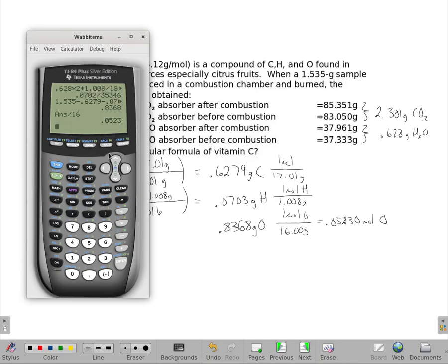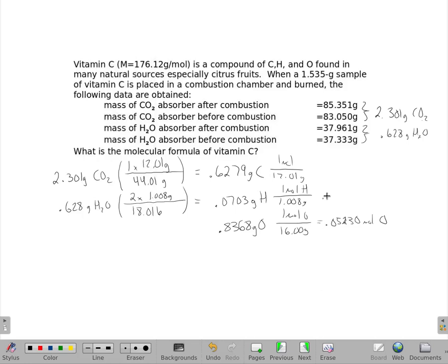And take that 0.0703 that I got up here, divide that by 1.008, and I get that that is 0.0697.